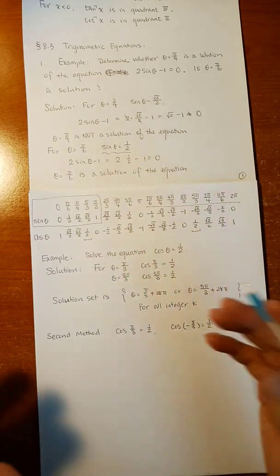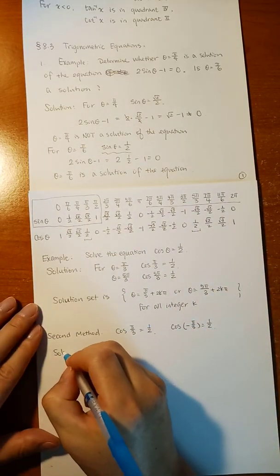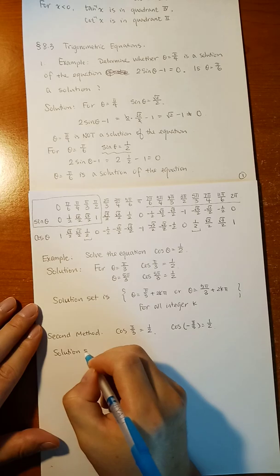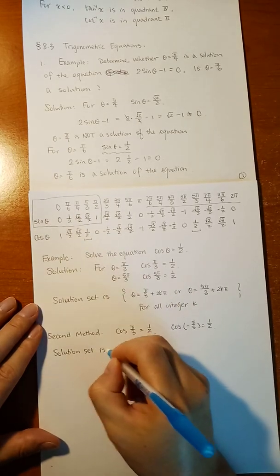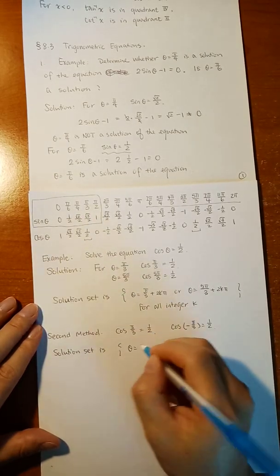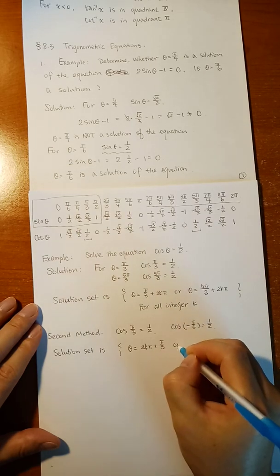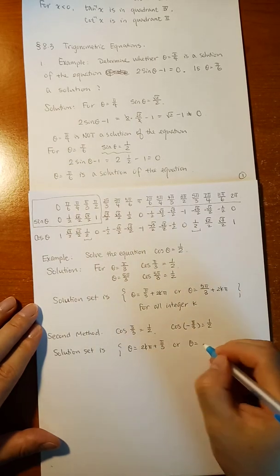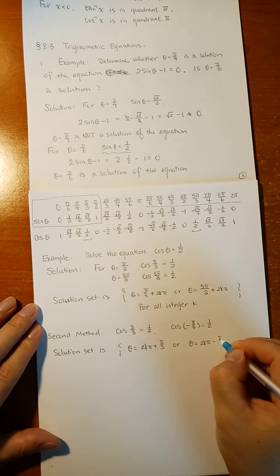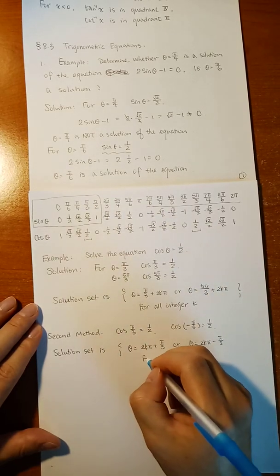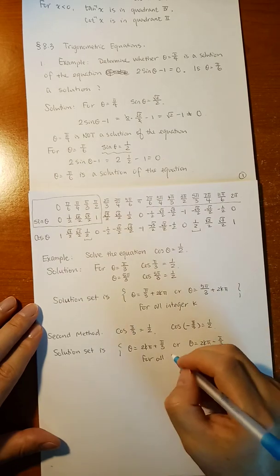Then you can say the solution set is theta equal to 2k pi plus pi over 3, or theta equal to 2k pi minus pi over 3, for all integer k.